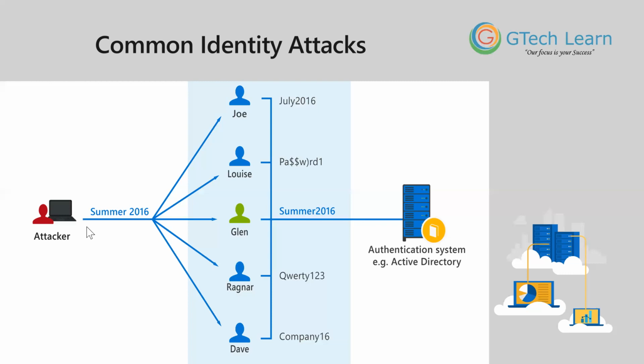The attacker enters the passwords manually one by one. Sometimes he can access your data by entering a correct password. So this is a common identity attack. One more common identity attack is phishing.